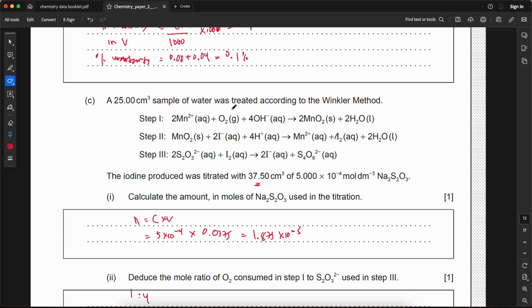So as you can see, 1 mole of oxygen produces 2 moles of manganese oxide, which then react with iodide ion, and this produces iodine that reacts with 2 moles of sodium thiosulfate. Therefore, the ratio is 1 mole of oxygen to 4 moles of sodium thiosulfate.